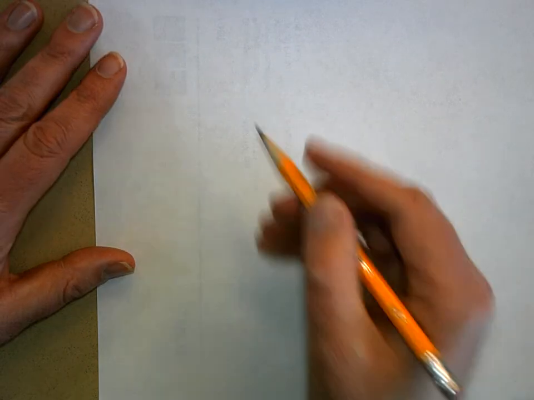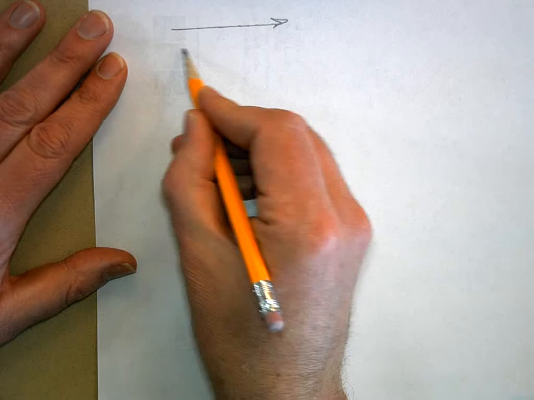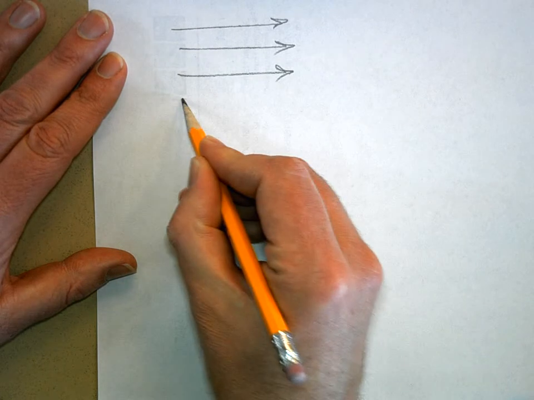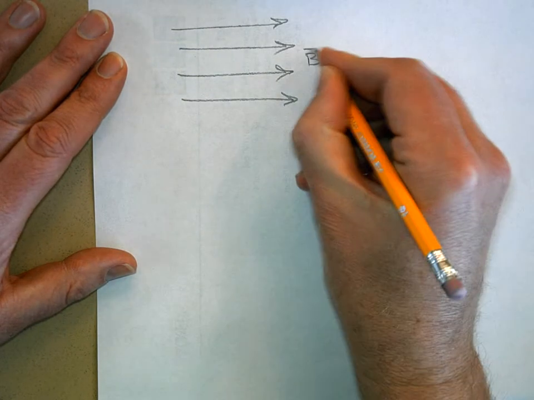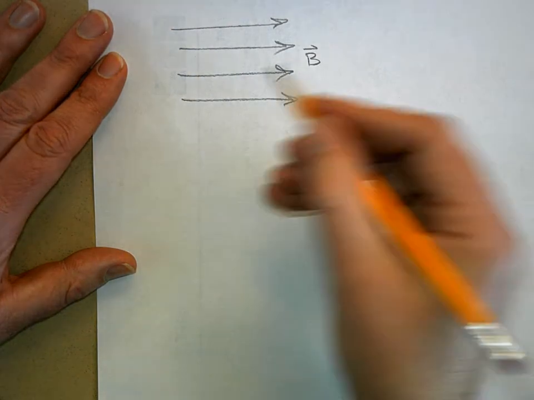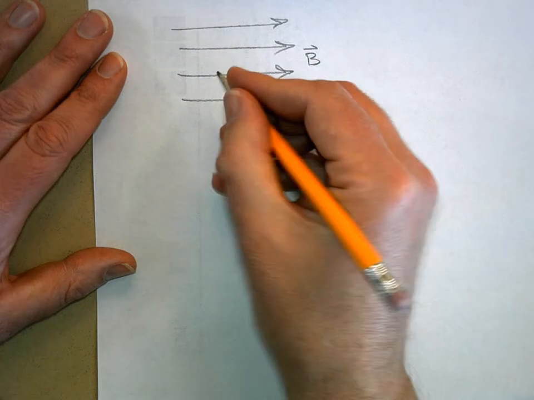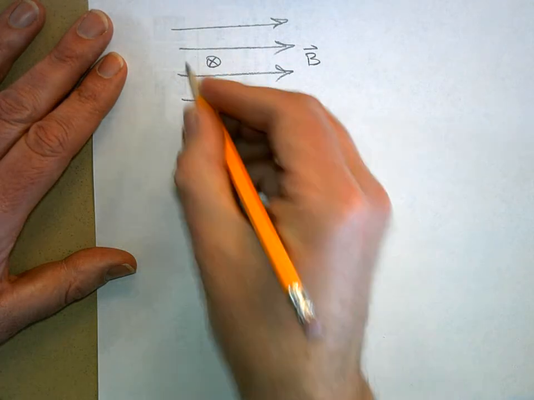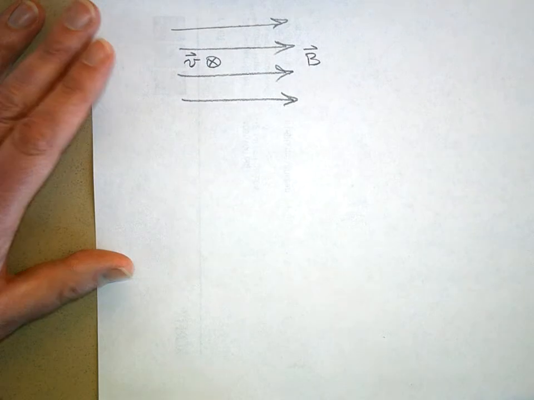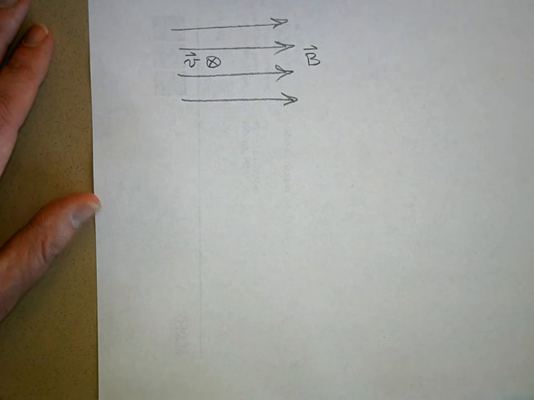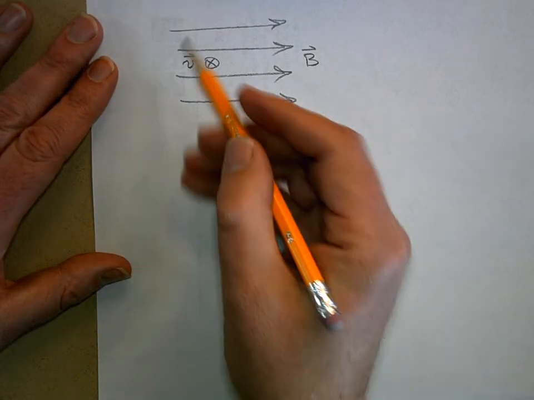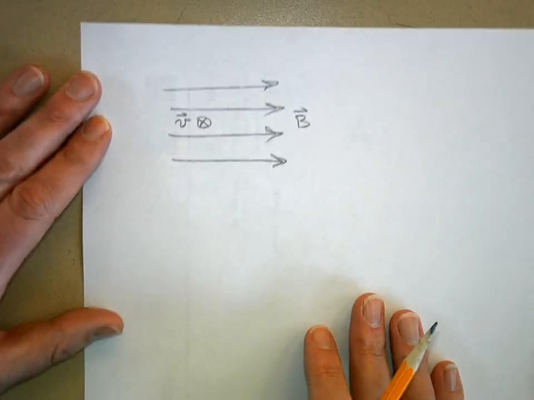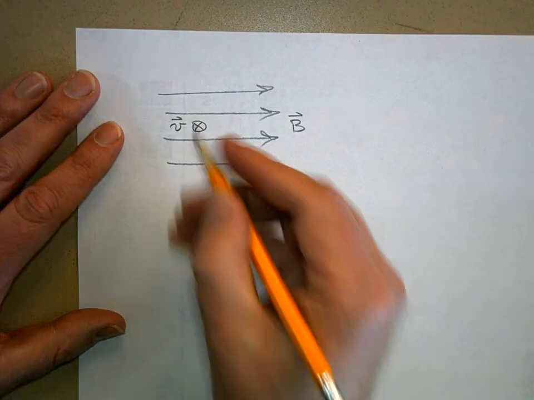Okay, so suppose I've got a magnetic field that looks like this. Here's B. And let's say that the velocity vector is into the board, like that. We'll call this example 1.